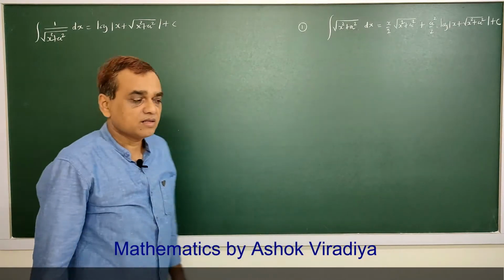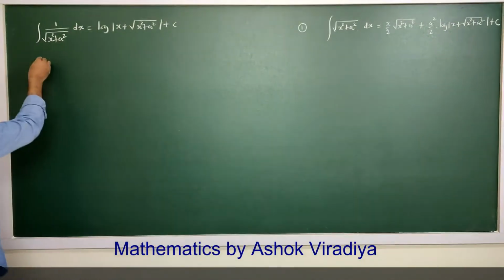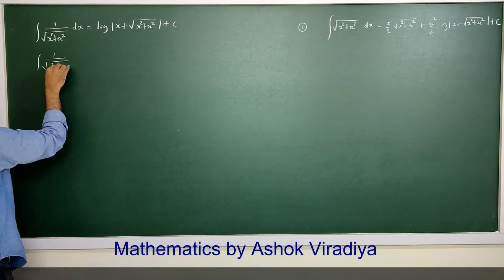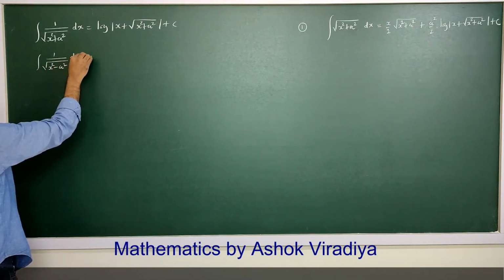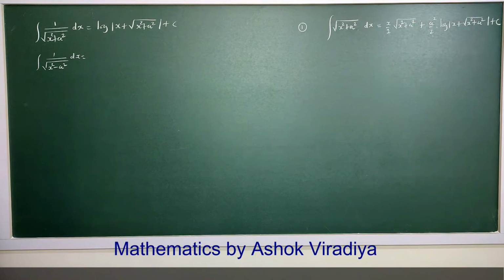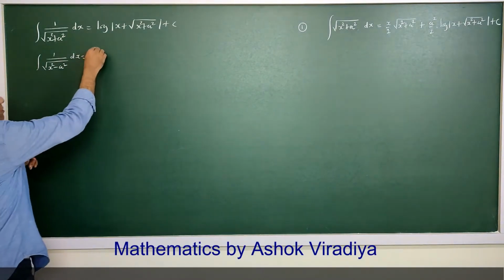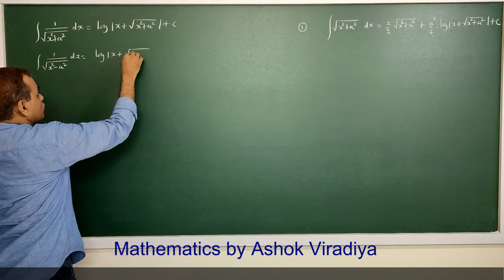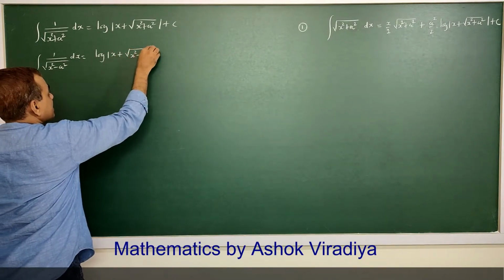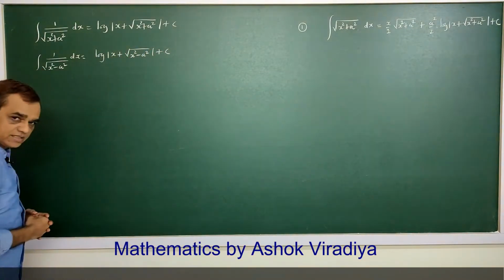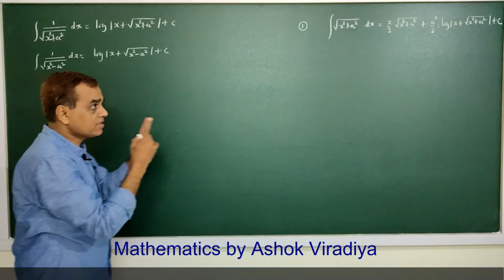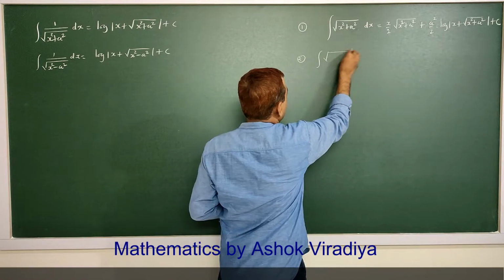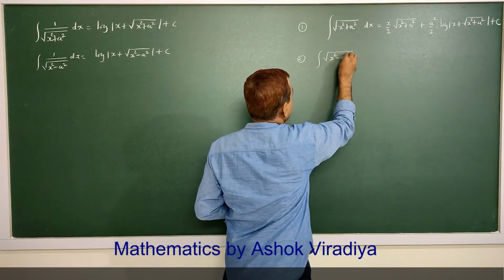Then we discussed this result, 1 upon root x square minus a square. Its integral was log mod x plus root x square minus a square plus c. Now a similar result: integral of root x square minus a square.